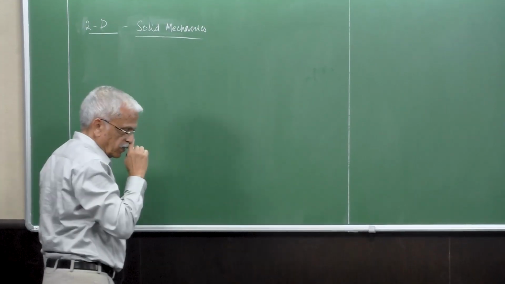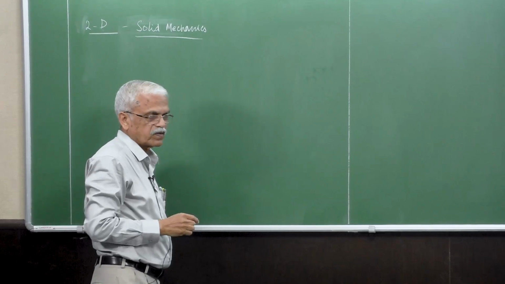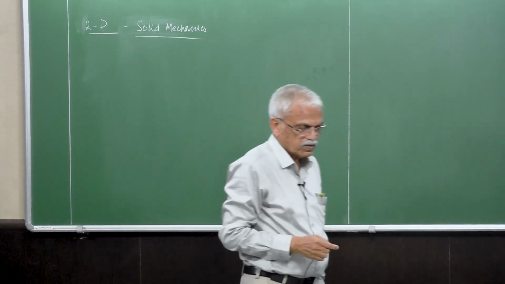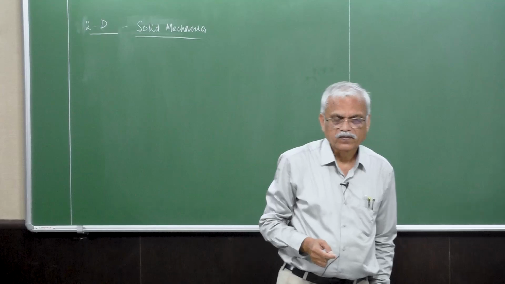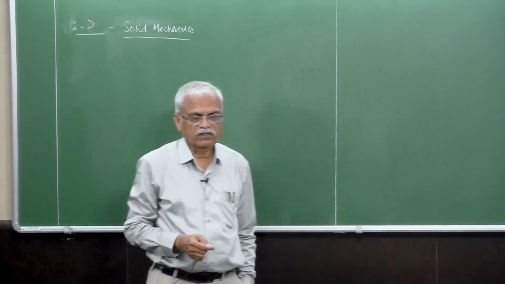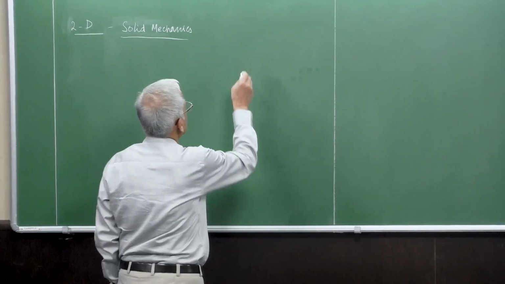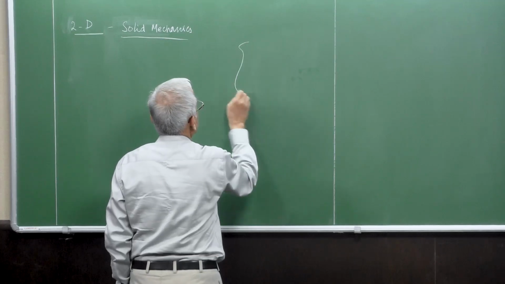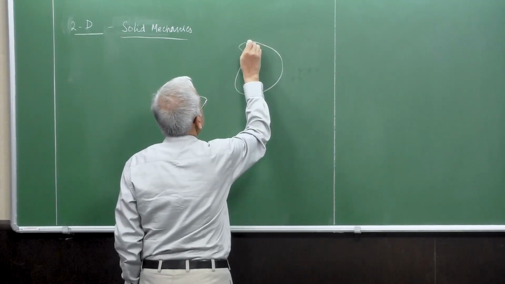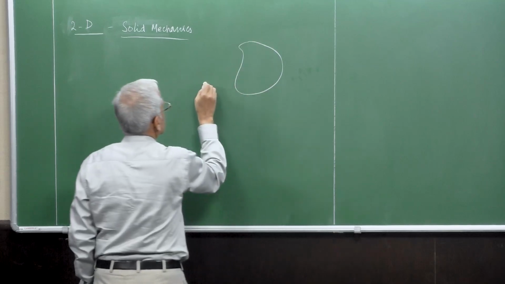So what do we mean by 2D solid mechanics? 2D solid mechanics, as we know, consists of two dimensions, x and y, and so there's a plate here.